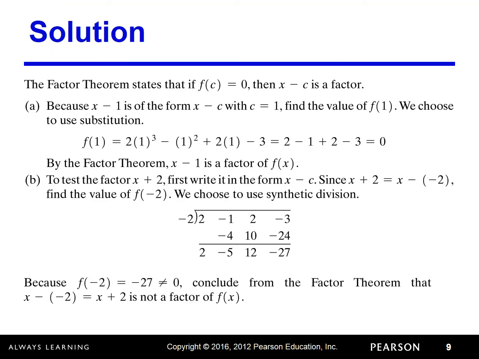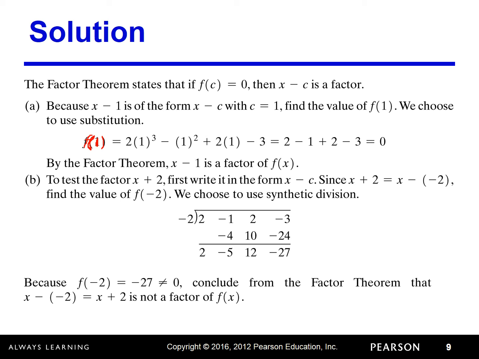Okay, so we go ahead and find f of 1, as we said was our strategy, and we want to know, is that 0? And so we plug it in. Since f of x was 2 times the cube of x minus the square of x plus 2x minus 3, we plug 1 into that, and what do we have?